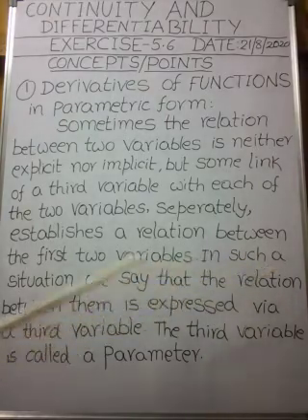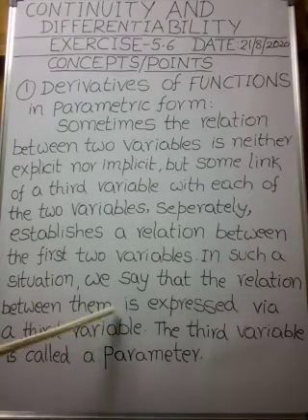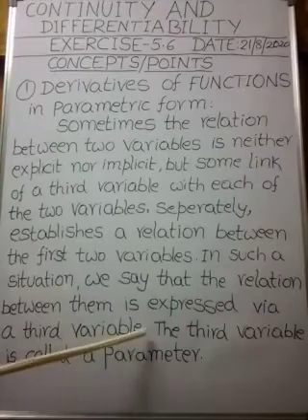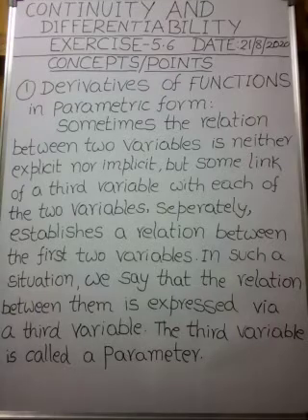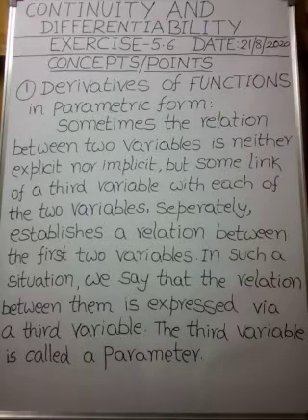In such a situation, we say that the relation between them is expressed via a third variable. The third variable is called a parameter. We link the two variables x and y with a third variable, the parameter. Okay, my children, understood this point?